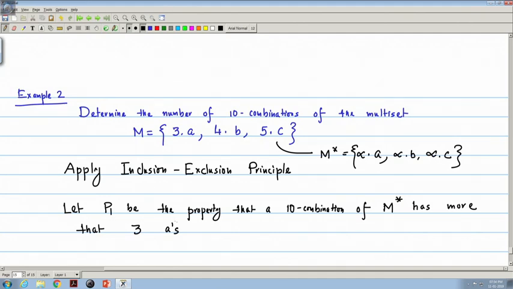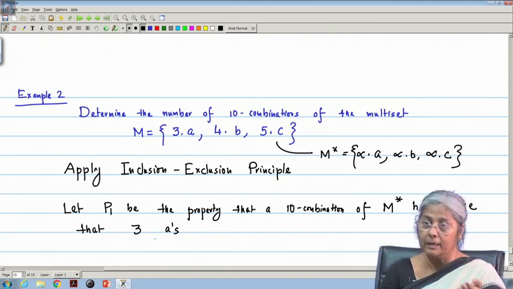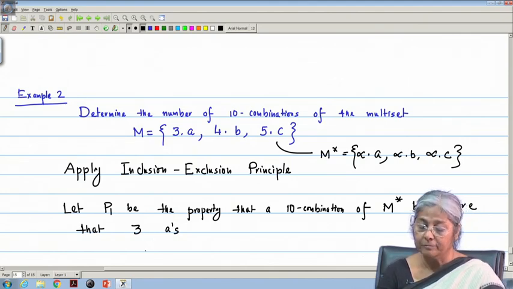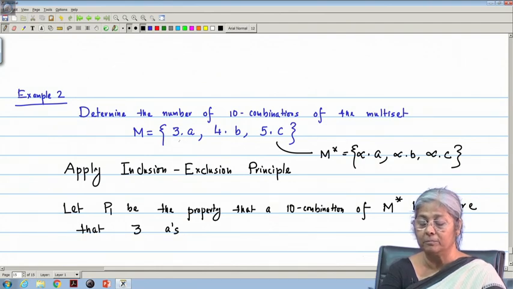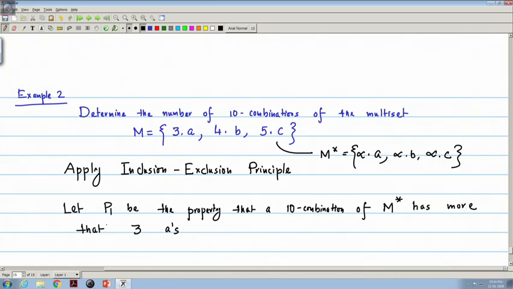We take M star as an infinite set because otherwise we cannot consider A appearing more times than its repetition number, which here is 3. So, P1 is that property.